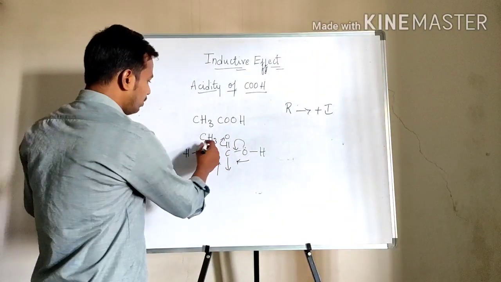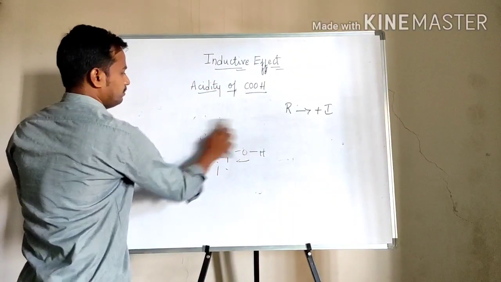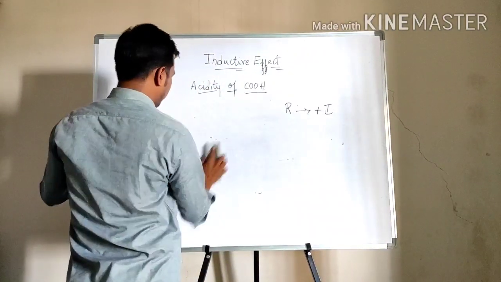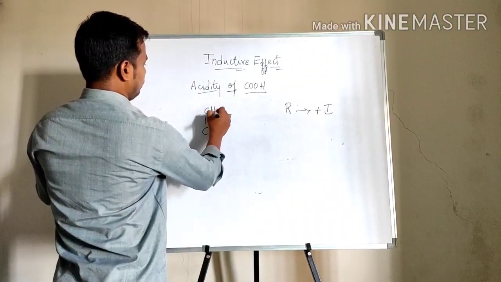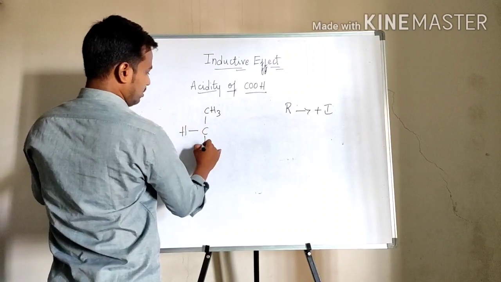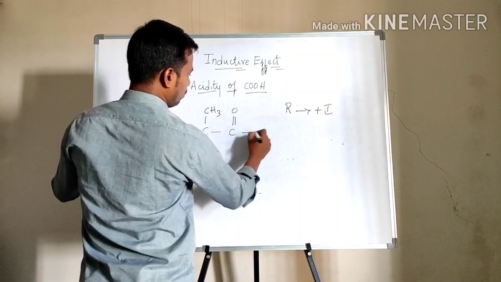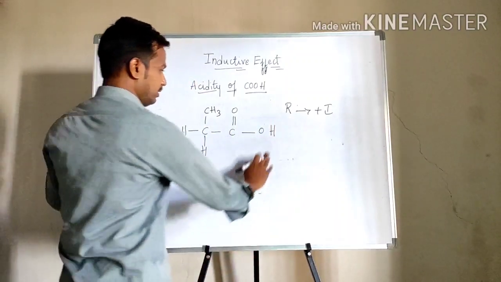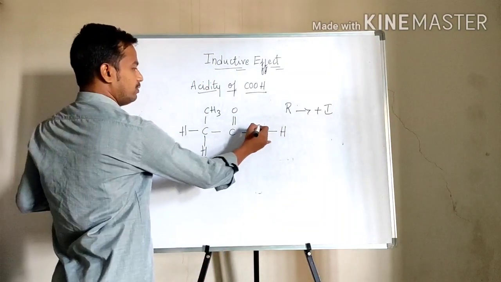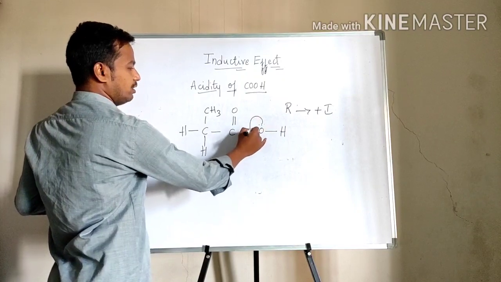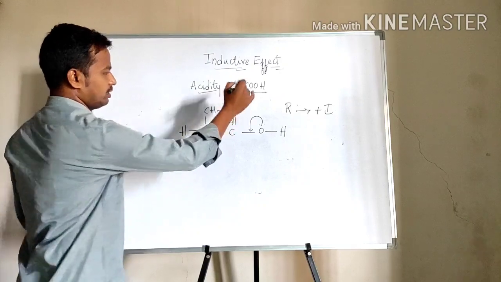I will draw the clear structure so that you may understand very clearly. CH3, C double bond O, OH. This lone pair will donate the electrons to this bond, thereby these electrons are migrating to this oxygen atom.